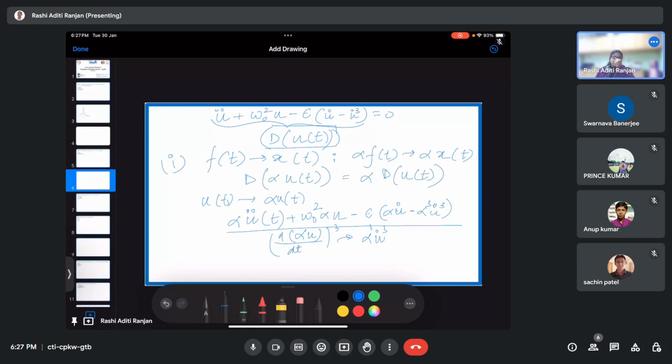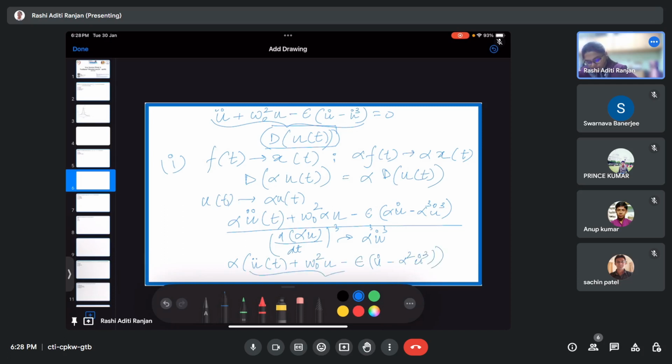So does it satisfy the homogeneity property? See, we can take alpha out of it, isn't it? We can take alpha common and keep it out. But it would still not result in the required form. Alpha square u naught cube.